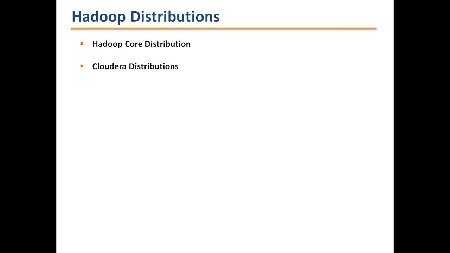Some companies tie up with some distributions, and others with other distributions. Cloudera has two things: one is Cloudera Manager, and the other is CDH, Cloudera Distribution for Hadoop. Basically this distribution contains a bundle or package. If you install this package, we get all the ecosystem tools.